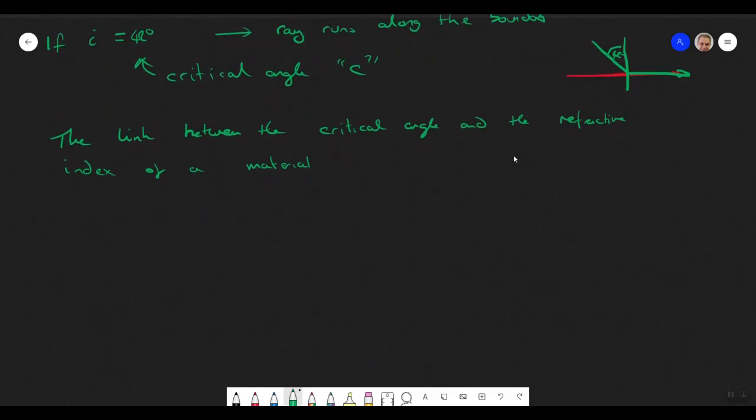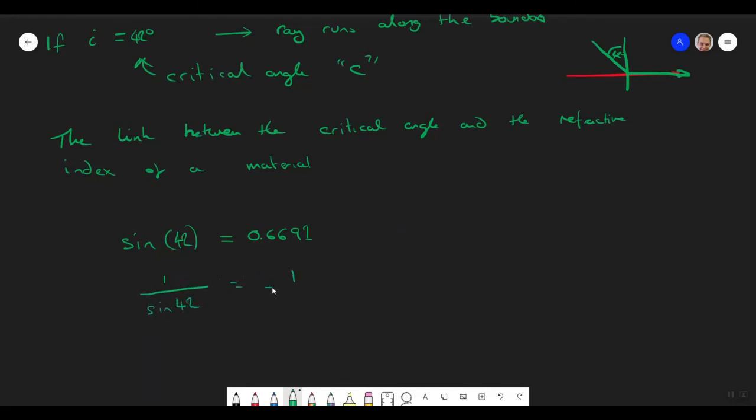If I do sine of 42, well, sine of 42 is 0.669. And I'm going to put the 1 there as well. So that's just a number. But what happens if I do 1 divided by sine of 42?